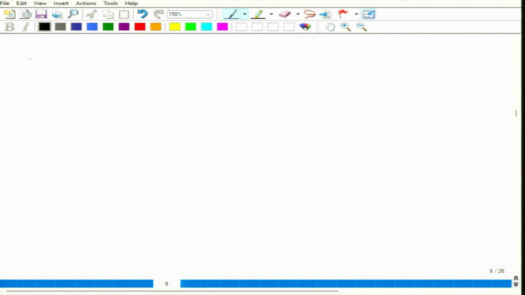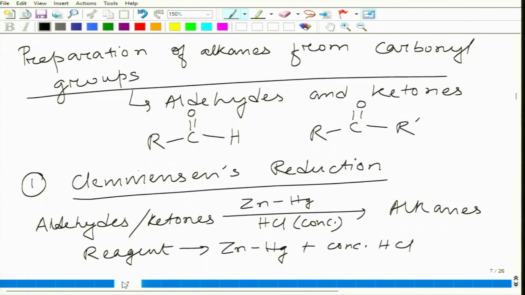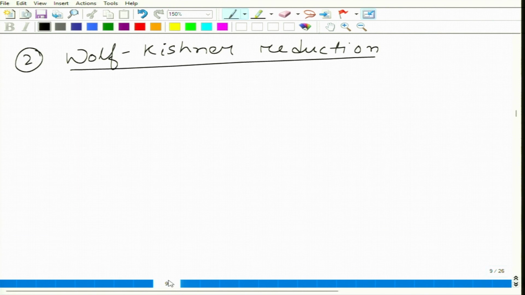The second reaction is Wolff-Kishner reduction. Clemmensen reduction was carried out in acidic medium. Wolff-Kishner reduction is carried out in basic medium.